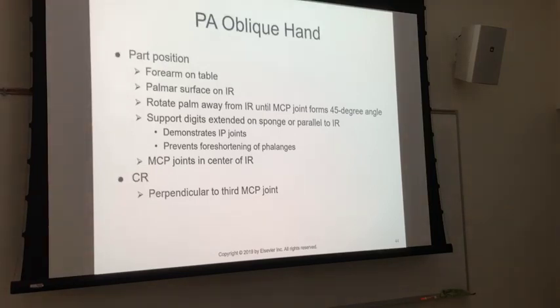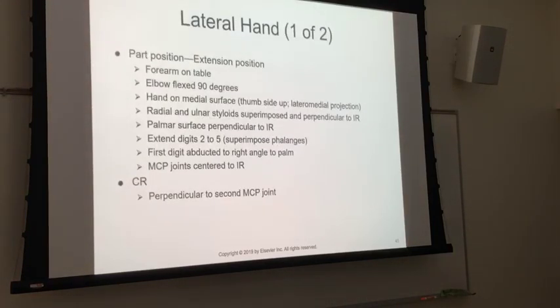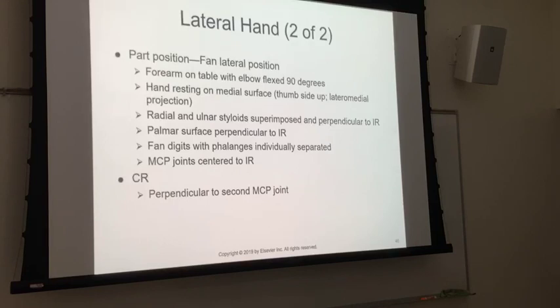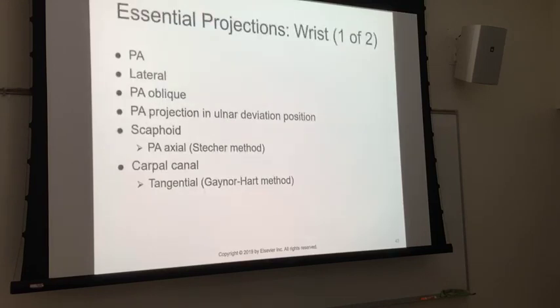Both of them you'll see fractures. You'll see the displacement of fractures in the metacarpals. But in the fingers themselves, we need to separate the fingers. You can't separate the metacarpals, but you can separate the fingers. Okay? Any questions on those?